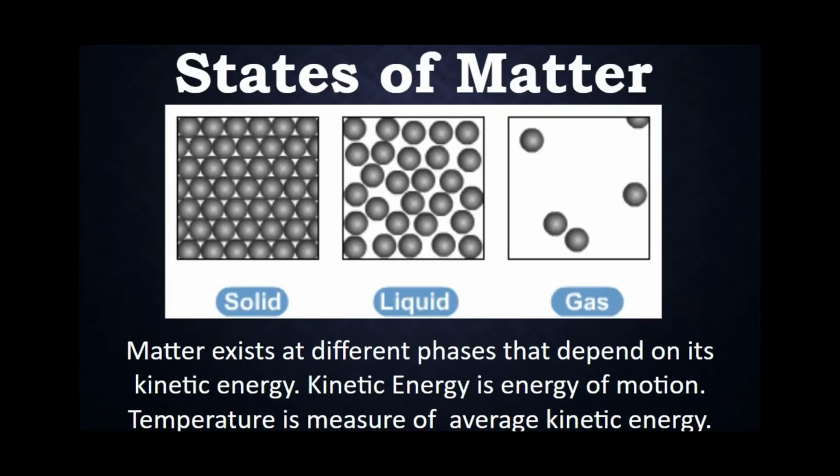So as we heat up a substance, the molecules inside of it begin to move faster. And as the molecules inside of it begin to move faster, you'll notice that a substance that might have originally been solid may begin to take a different state.